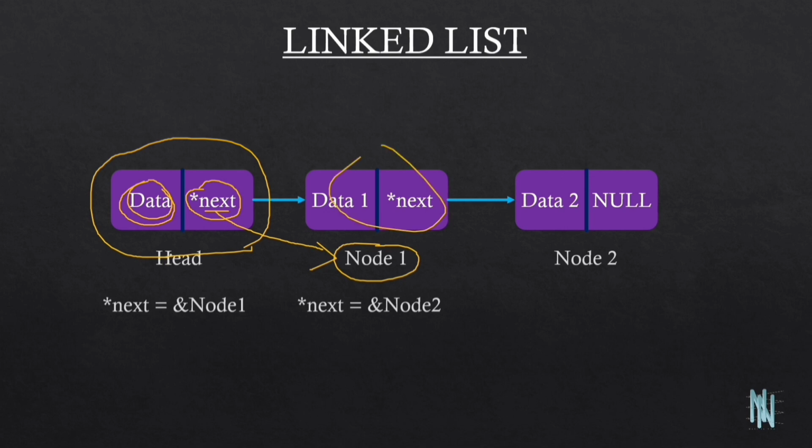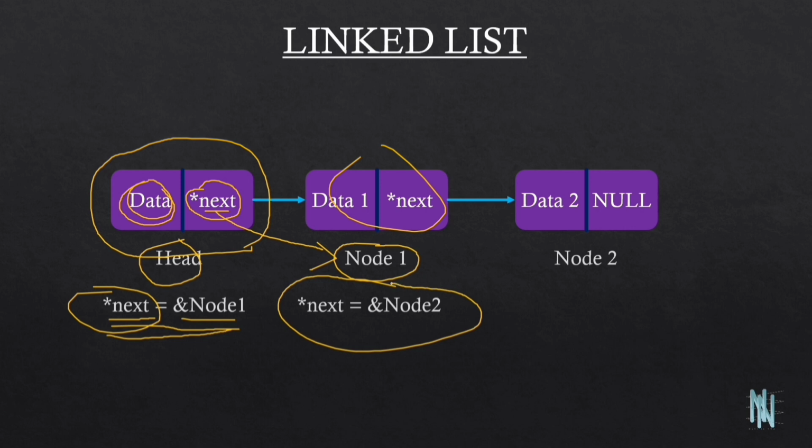So the first node is termed the head. You can see here how we put the address of the next node into the pointer. First we initialize it and then we put it. We will discuss what the type of the pointer should be and how it initializes. After that, the next node will contain the address of another node, this node.